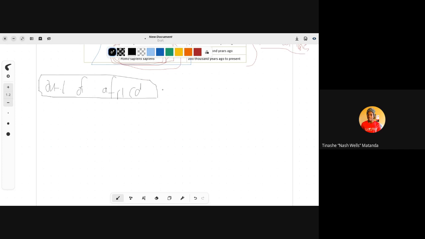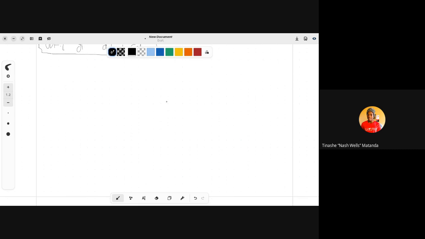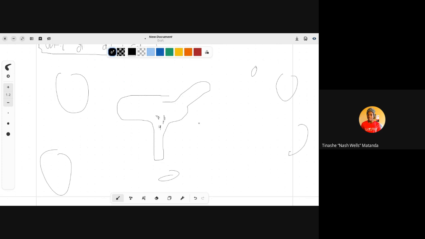So the idea behind the out of Africa hypothesis is we'll have the continent of Africa like that, and then we have all the other continents: Europe, Asia, Australia, North America, South America, Antarctica, and all the others. The idea is in Africa, this is where the entire race of humankind began.